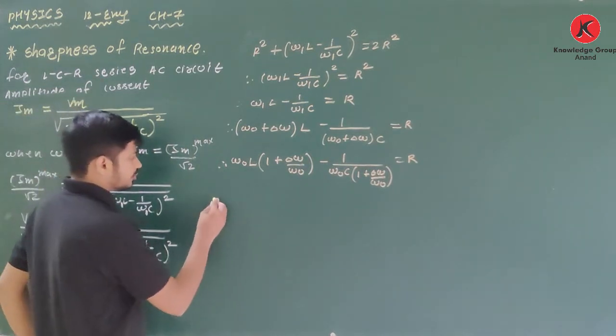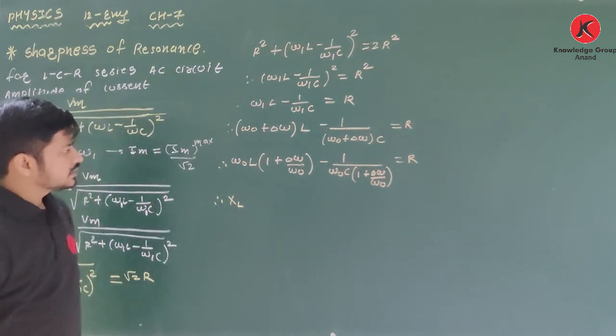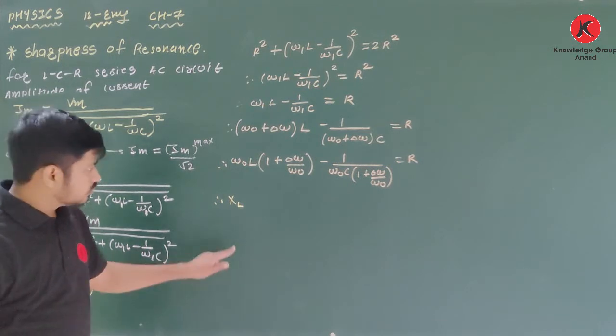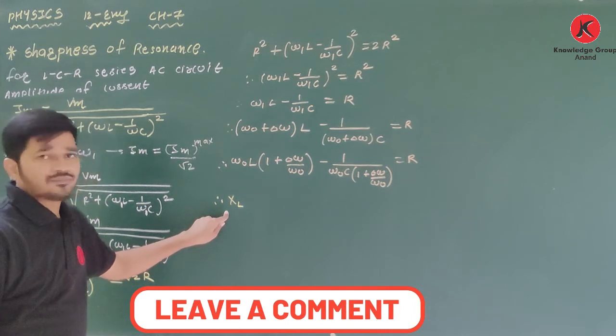So this omega 0 L means it is XL. But you can write this term as it is if you don't mind.